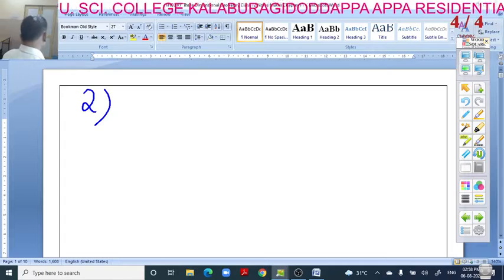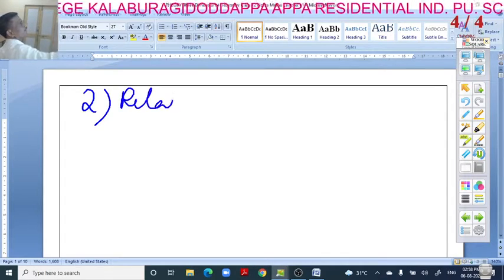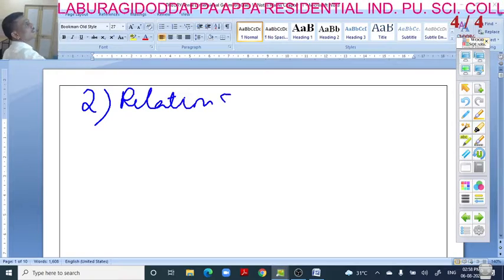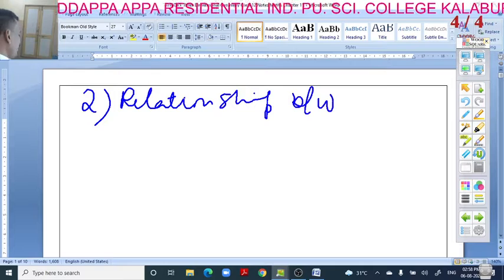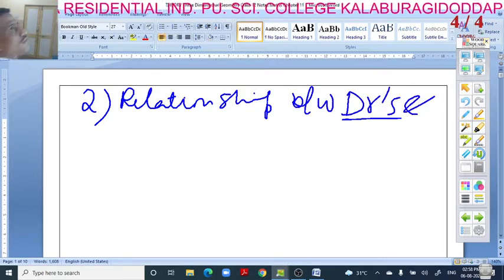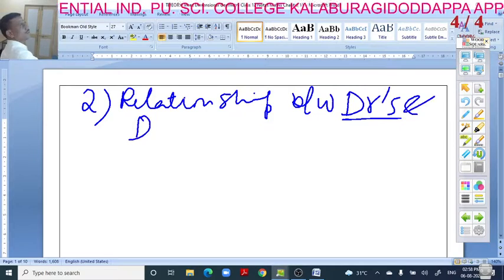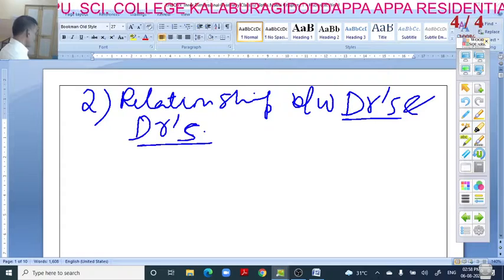After that, the relationship between direction cosines and direction ratios.